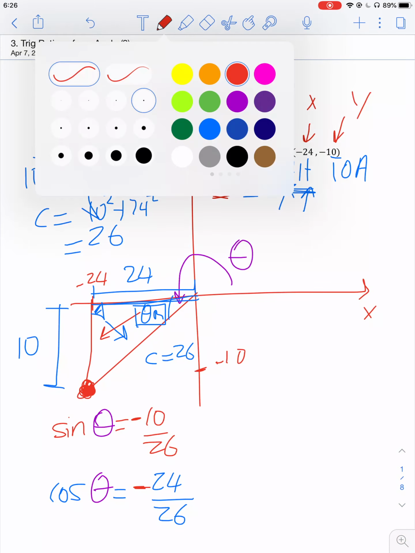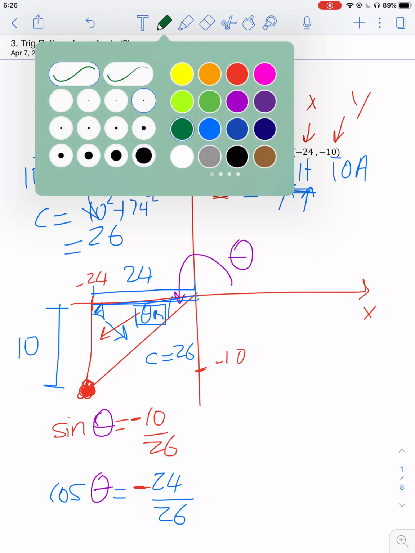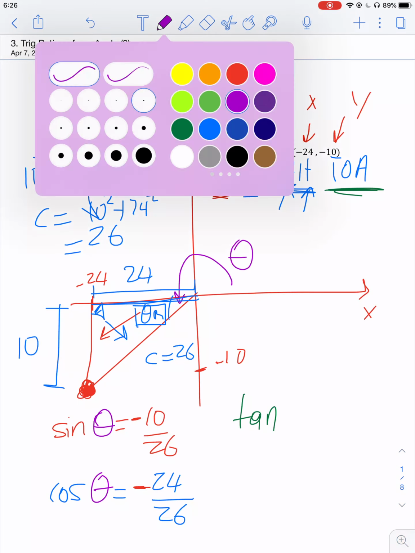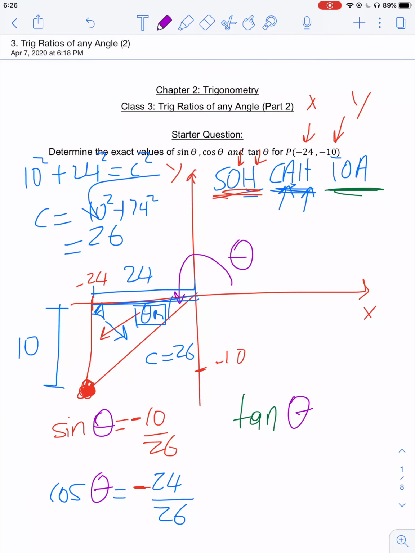Now tan is slightly tricky, so let's go with green for tan. So tan is just opposite over adjacent. If this is my reference angle, the side opposite to that is this side, 10, and adjacent to that is this one, 24.